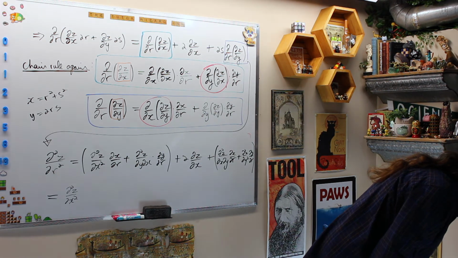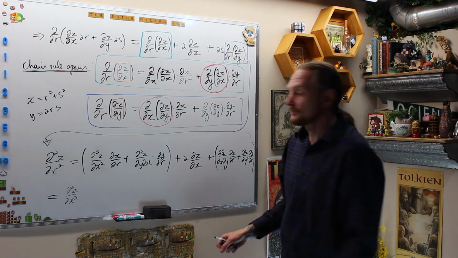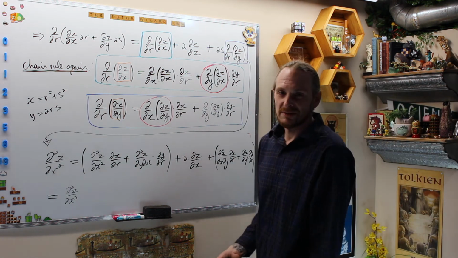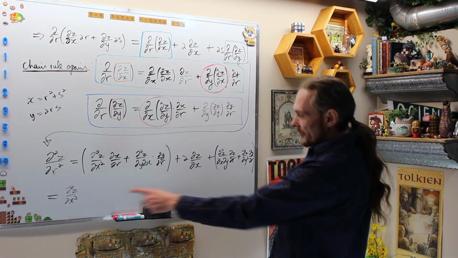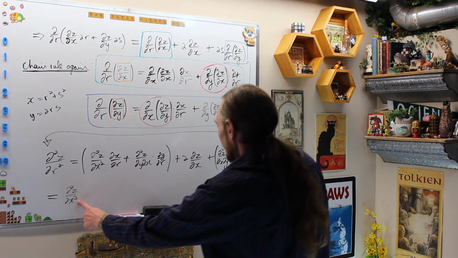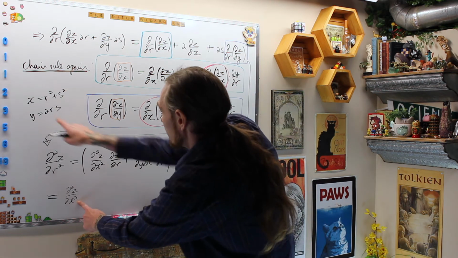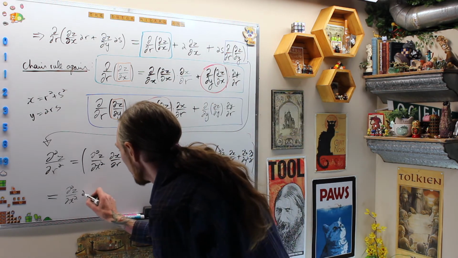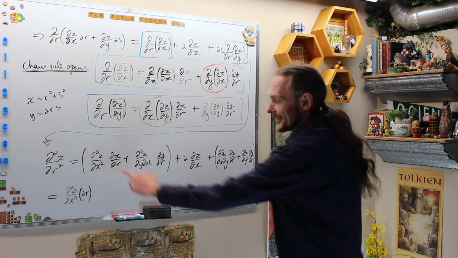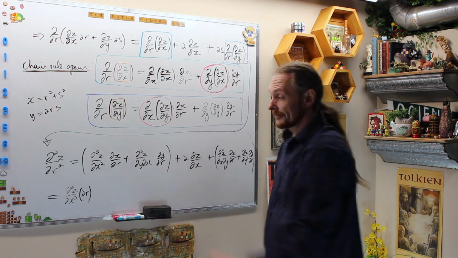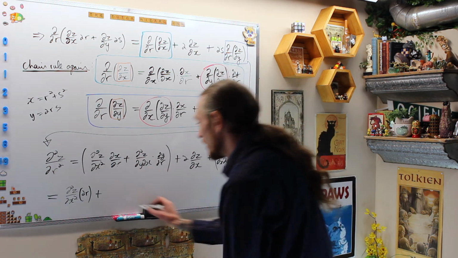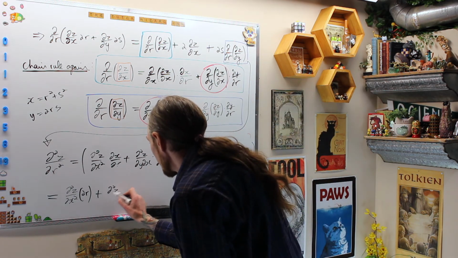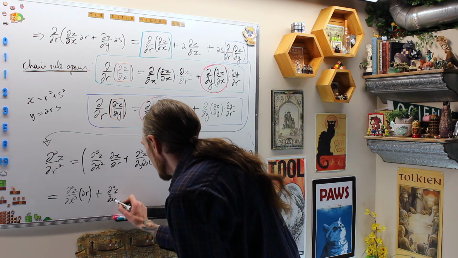Go back. Yes. Pythagorean triples. So, what this is, 2r is what I'm trying to remember. dx dr is 2r.